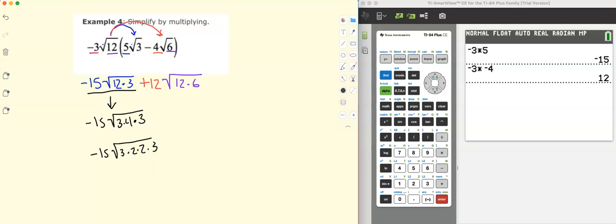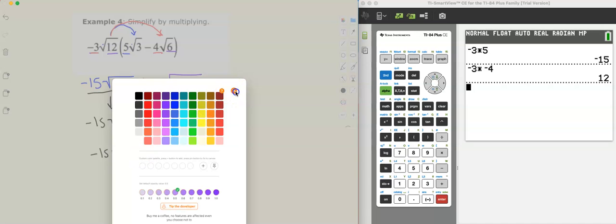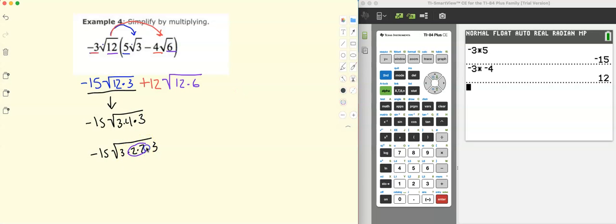And so look here, you can see that you have a pair of 2's, and then you also have a pair of 3's. So what does this mean? I can pull a 3 out there, and I could also pull a 2 out there. And so when you pull all those numbers out, you now have a negative 15.